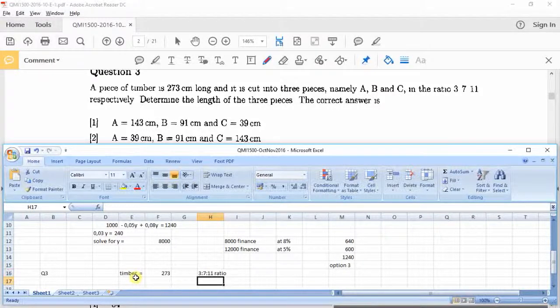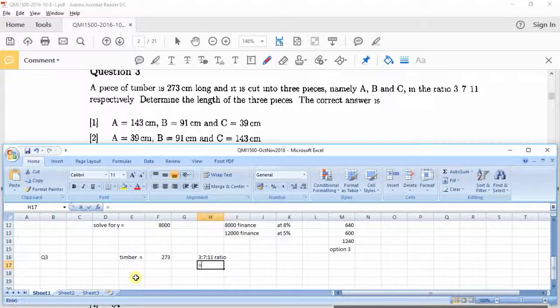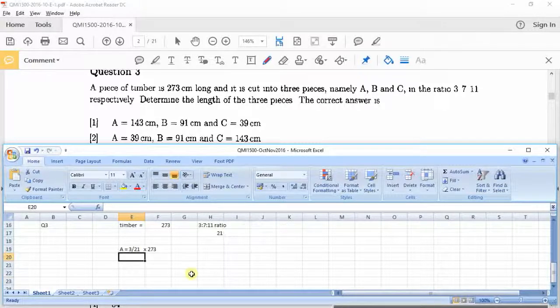Determine the length of the 3 pieces. That's easy. Obviously the total is 3 plus 7 plus 11, which is 21. So A is going to be 3 over 21 times 273. And then you do B and C and all of that.